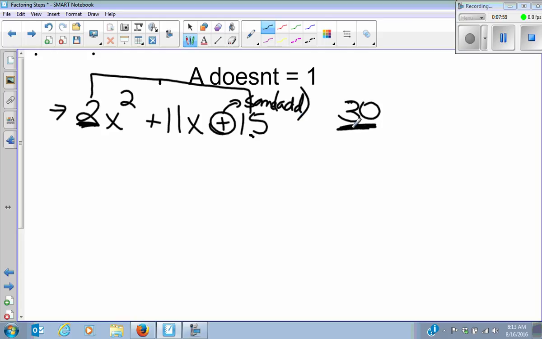And how did I get that 30? 2 times 15. That's the number I'm going to use to multiply to. So I need 2 numbers that multiply to 30, but add to 11. And what are they? All right. 5 and 6.